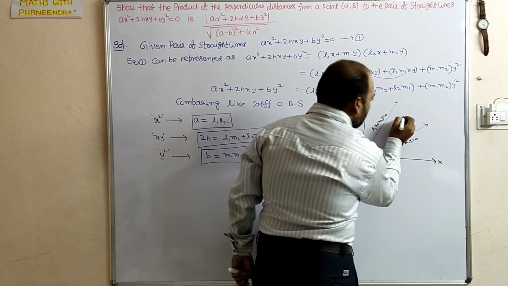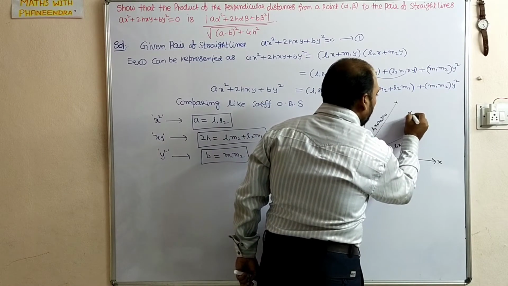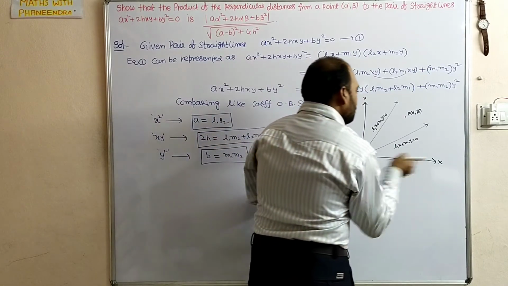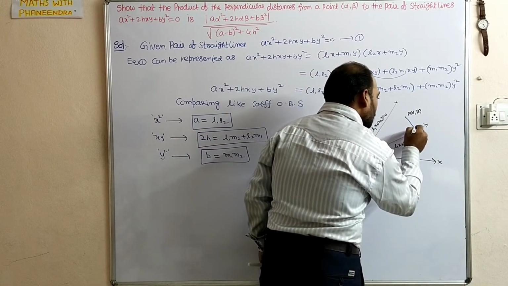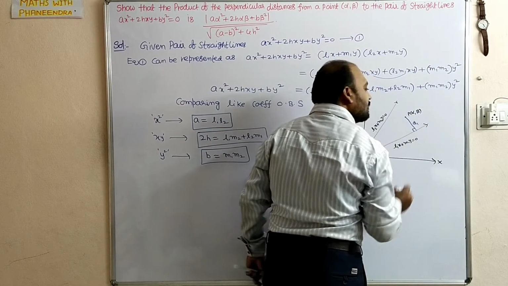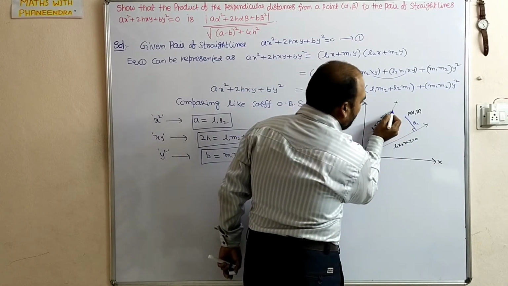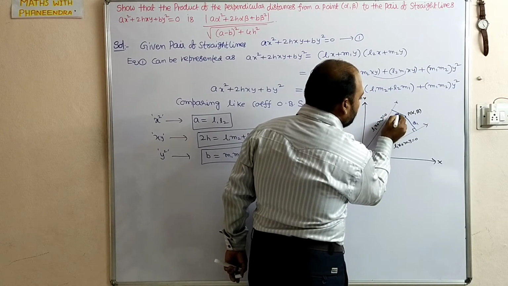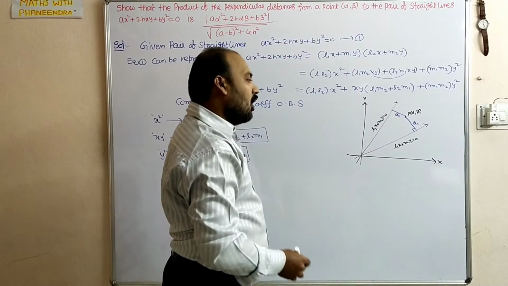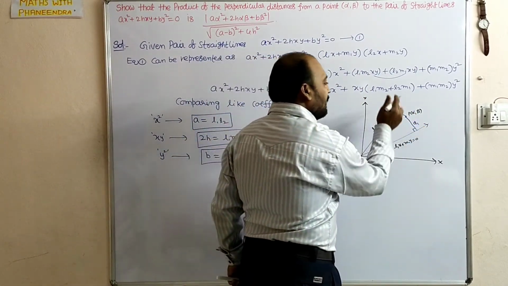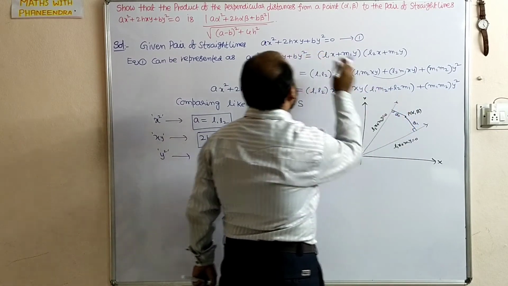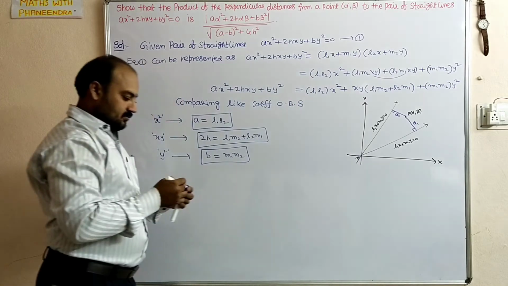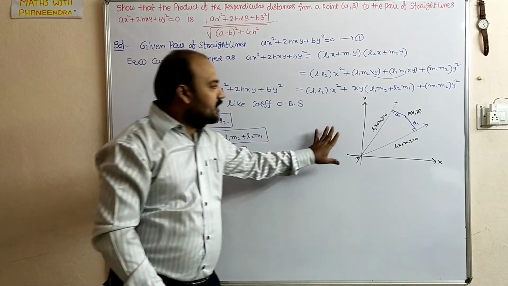So here we are taking one point P of alpha comma beta. So now calculate the perpendicular distance from alpha comma beta to this line, which is d1 we are considering. Again from the same point P of alpha comma beta to the second line, the perpendicular distance I am taking as d2. After that, the product of these two perpendicular distances, we have to prove this result. This is the origin. So till here everyone understand, I think.